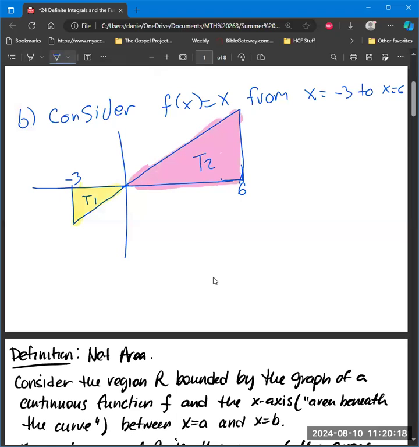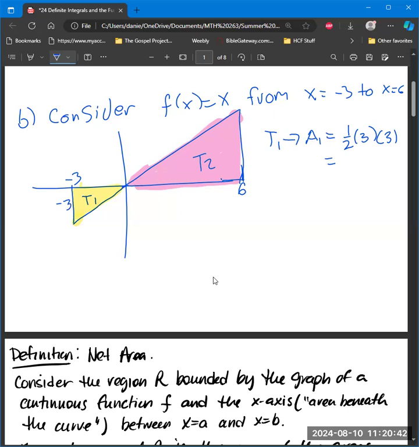So for triangle 1, we have A1 is going to be equal to 1/2, this base is going to be 3, and this height is 3. Now they were in the negative direction for both of them, but we need to take their absolute value so we get their distances.